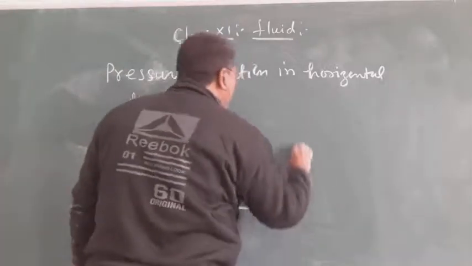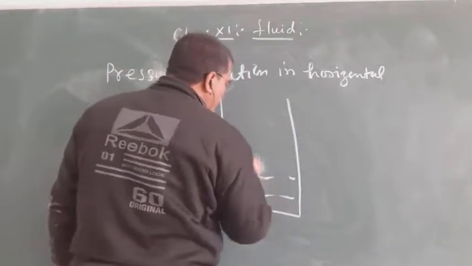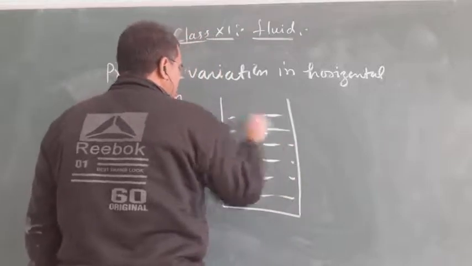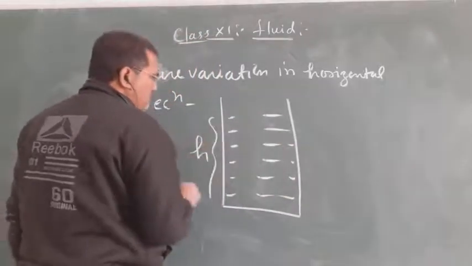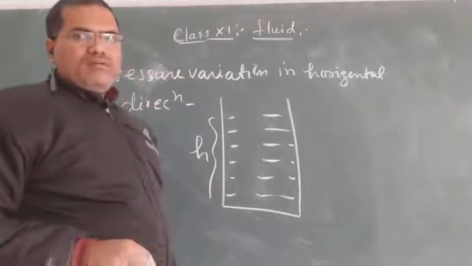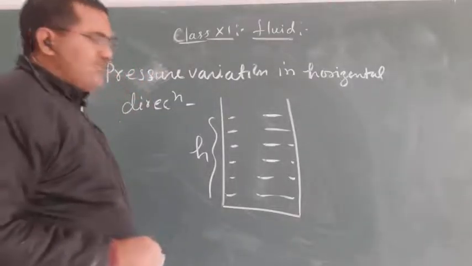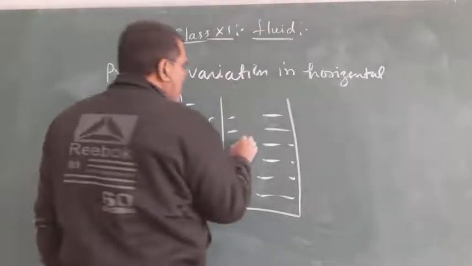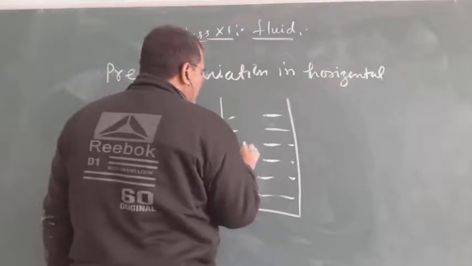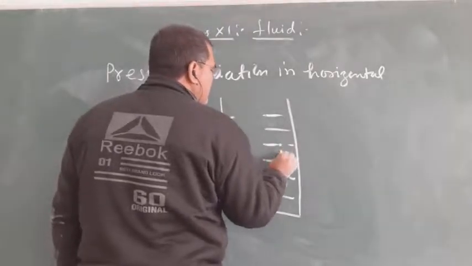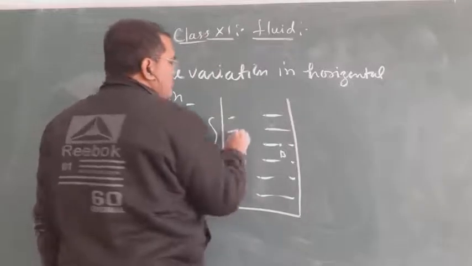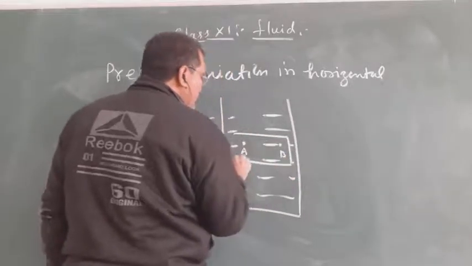This is the container, and water is filled up to height h. You have to find the pressure at points M and N. So you should take a hypothetical cylinder.